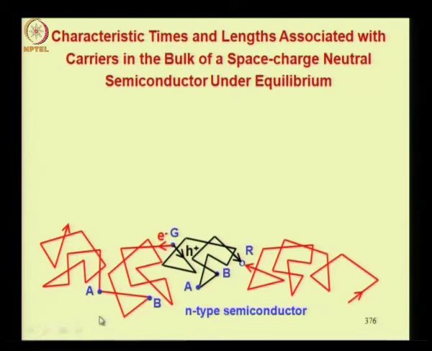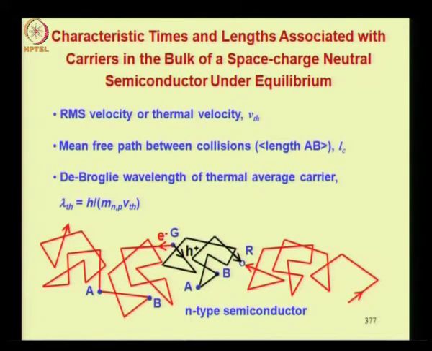Now for this picture under equilibrium and space charge neutral conditions, because we are considering a uniform semiconductor, we have the following important parameters: the RMS velocity or thermal velocity, mean free path between collisions, which is the average of length AB.